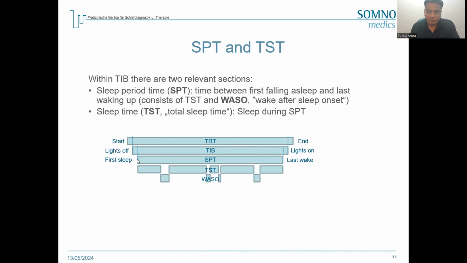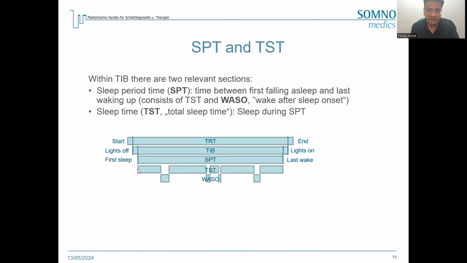And from the first sleep stage, from the sleep onset, to the last wake stage is called sleep period time. It also includes wake time in between. So again, repeating, from the first sleep stage to the end wake stage is called sleep period time, while total sleep time is only sleep time without the wake time.